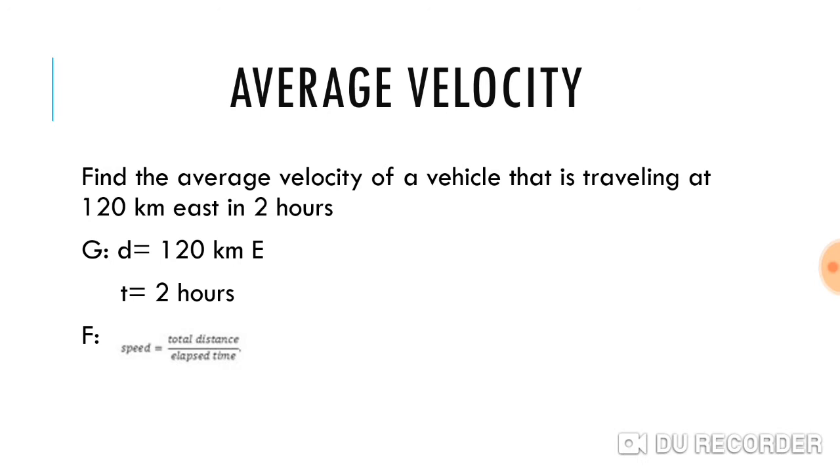And now let us try to solve for the average velocity. Find the average velocity of a vehicle that is traveling 120 kilometers east in 2 hours. Given, the distance is 120 kilometers east and the time is 2 hours. And the formula is velocity equals total distance over time, and east.